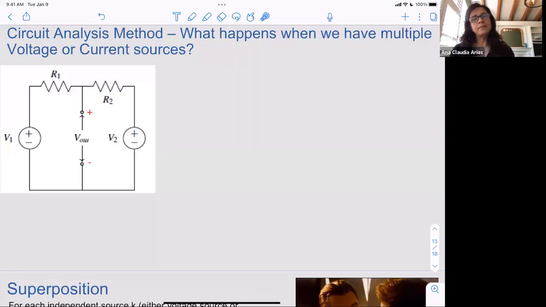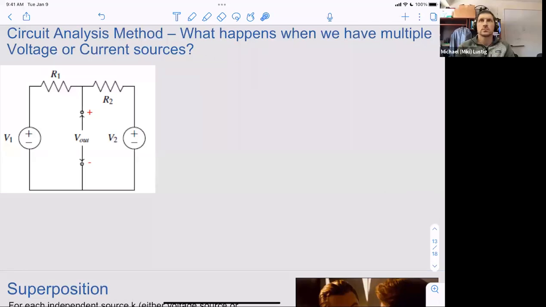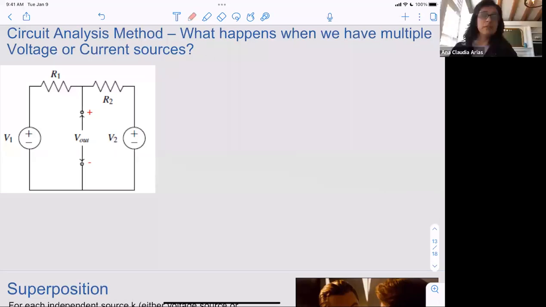Well, let's do this in steps. So first, what would we do? Let's label our nodes. So first I will do here 0, and I will label this node U1. Now, I can say that U1 minus 0 equals V out. Can I?